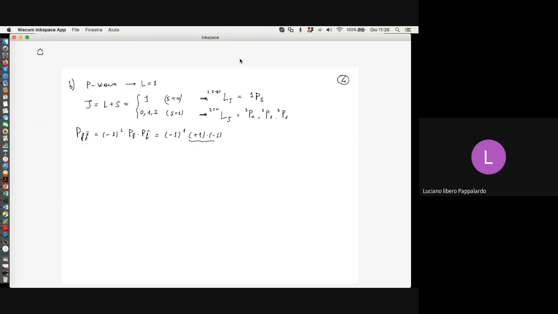So this is a minus sign, then we have another minus sign, so this is +1. Again, parity depends only on the value of L, so it is the same for all these states. What about now the charge conjugation of f f-bar? Let's start with the 1P1 state.